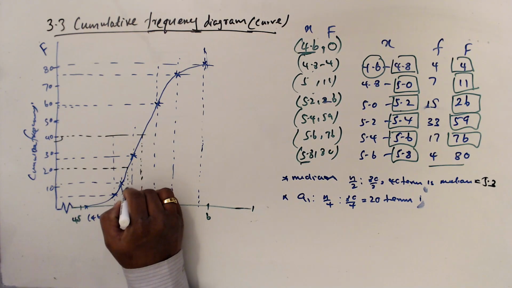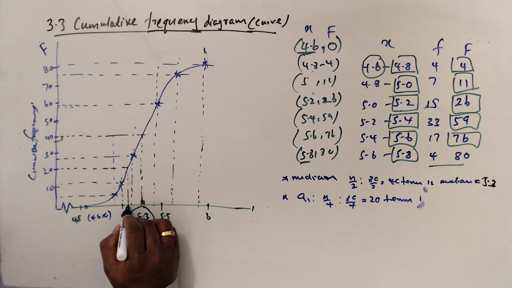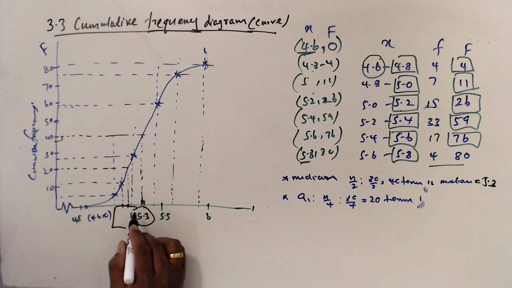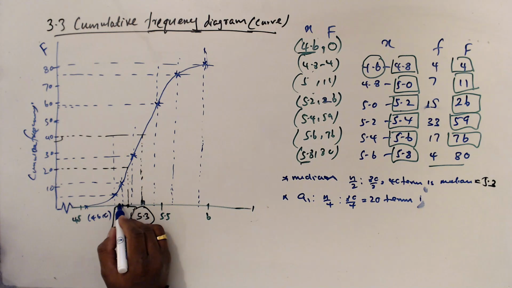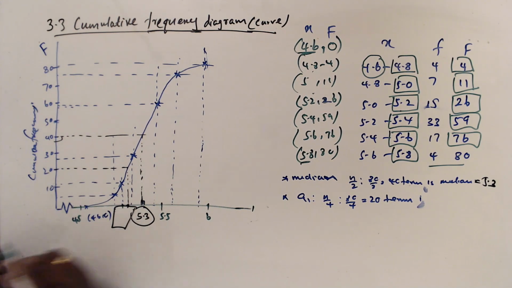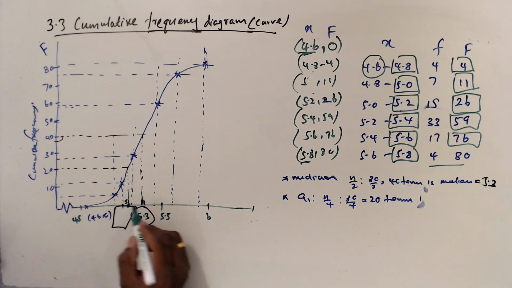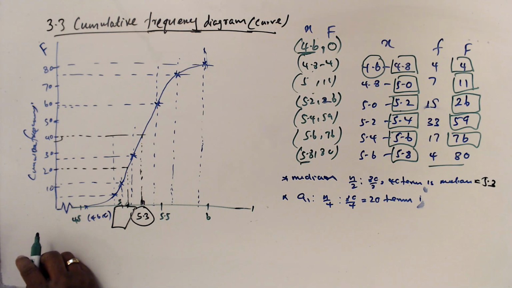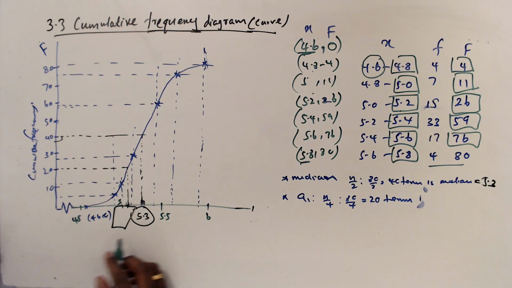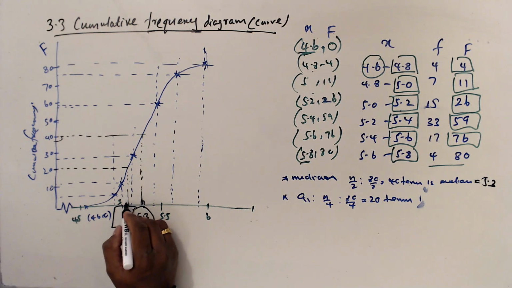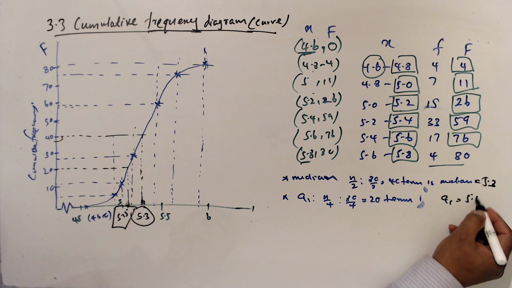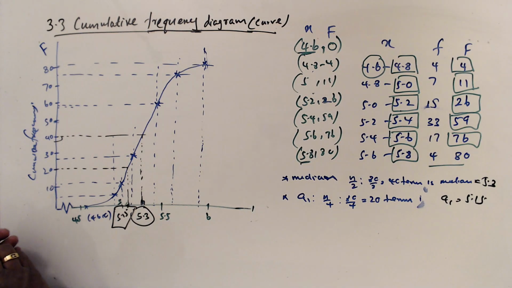It's going to be somewhere here, and reading the value, it is around 5.15. So Q1 is 5.15.